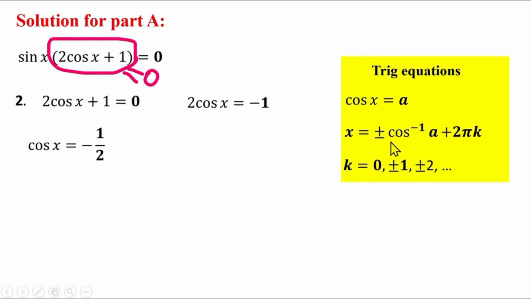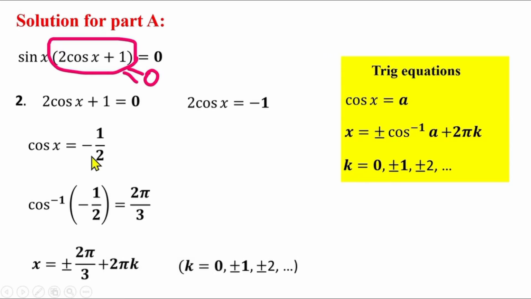It involves arc cosine a. We know that arc cosine of -1/2 equals 2 pi over 3, and we can write the solution for this step. Note that here we have plus minus, so actually we have here two solutions.